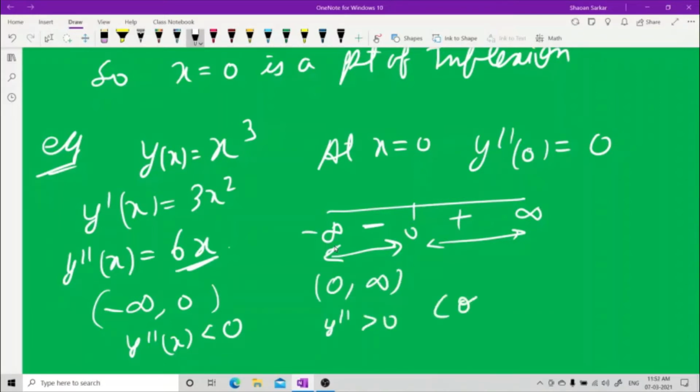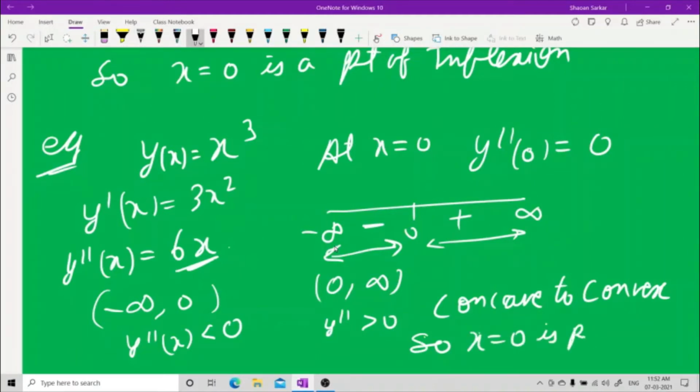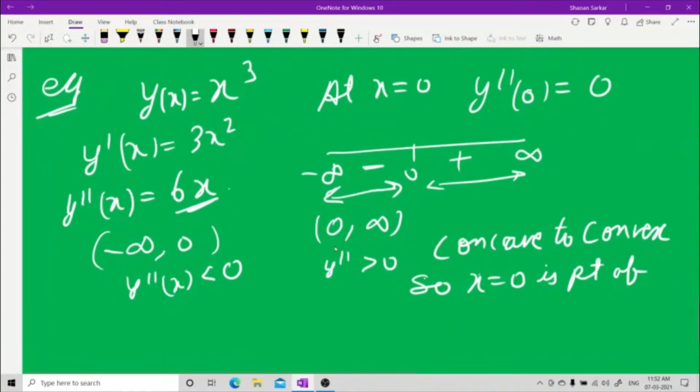It is going from concave to convex. So x equal to 0 is a point of inflection.